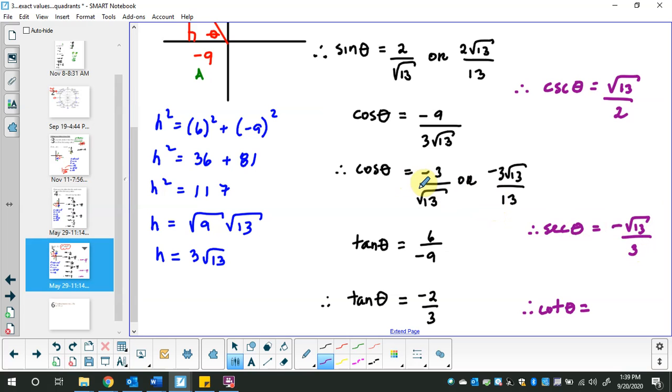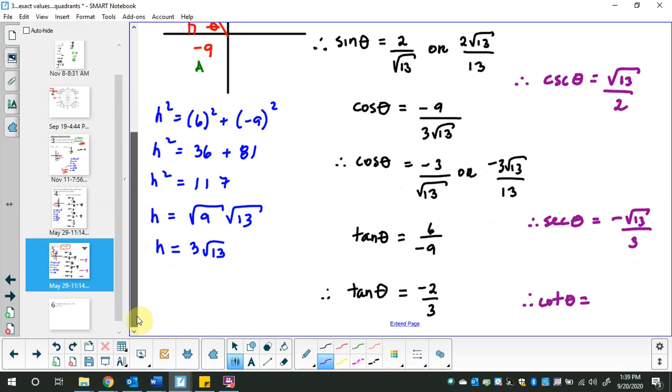I'm going to pick that one. And tangent and cotangent are upside downs of each other. No decision there. So really, all the work happens in the first 3, and you just flip for the second 3. So that is exact values in quadrants.